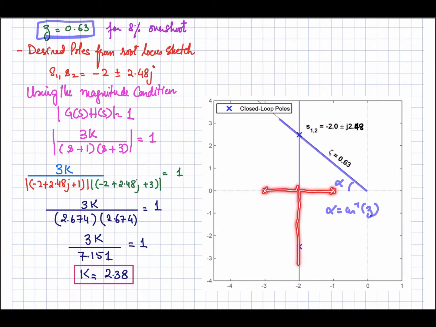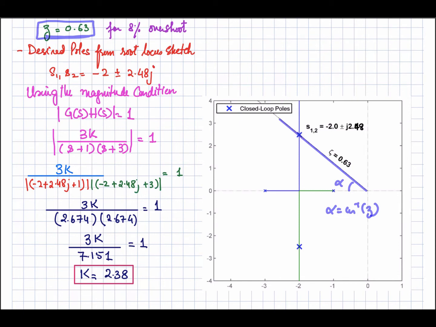This pole will move like this, and this pole will move like this. So by gain adjustment, we can get the desired position of the closed loop poles. This intersection is at minus 2 plus minus 2.48j. Now, what should be the gain?